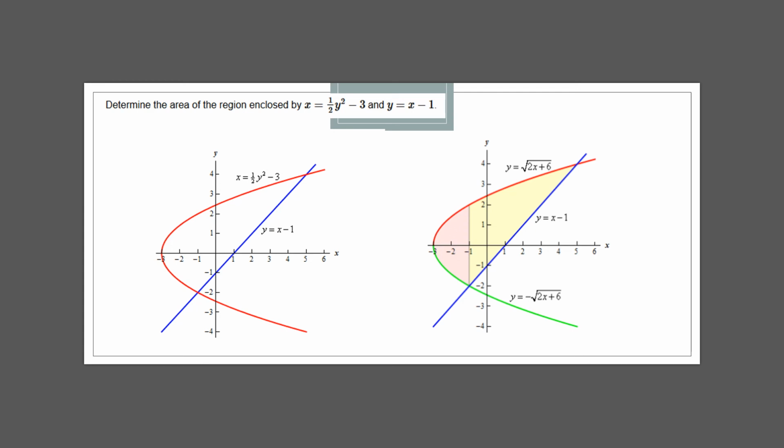In the first region, the top curve is red and the lower one is green. In the second region, the top one is red and the lower one is blue.